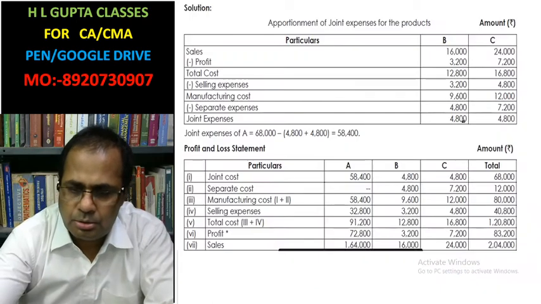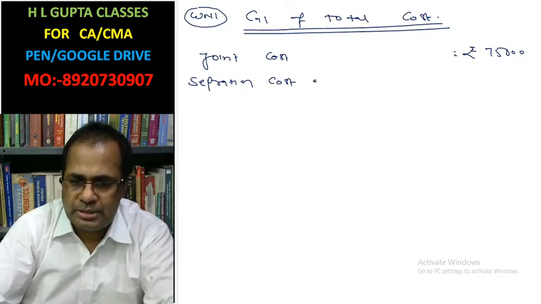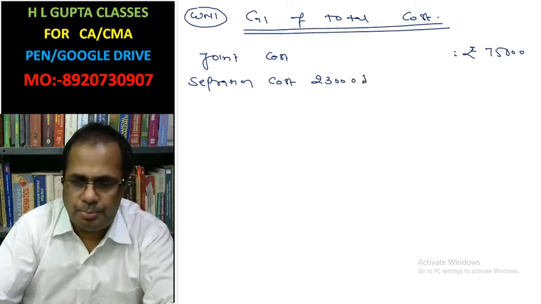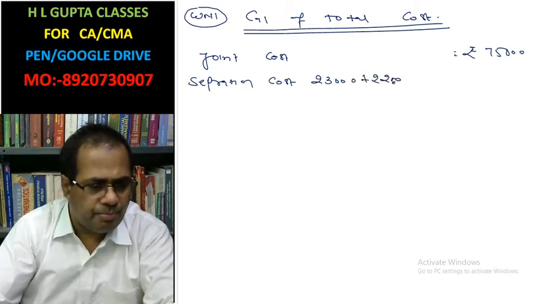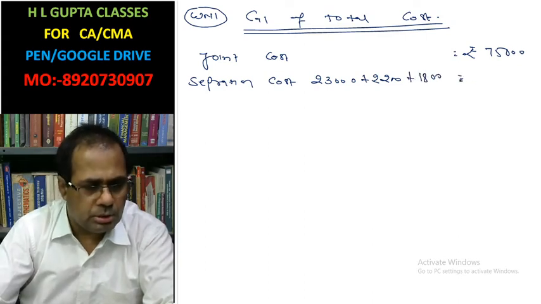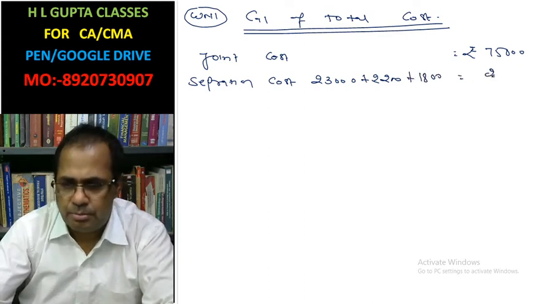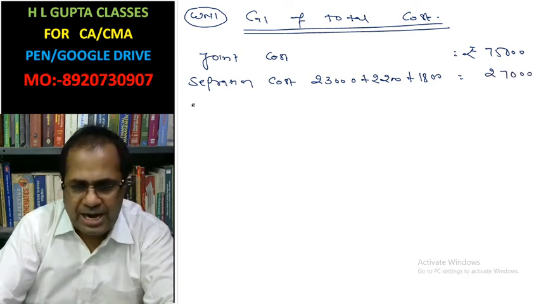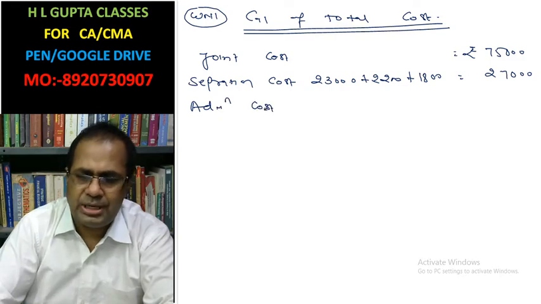23,000 plus 2200 plus 1800 is 27,000. Next, administrative cost. What is the administrative cost?